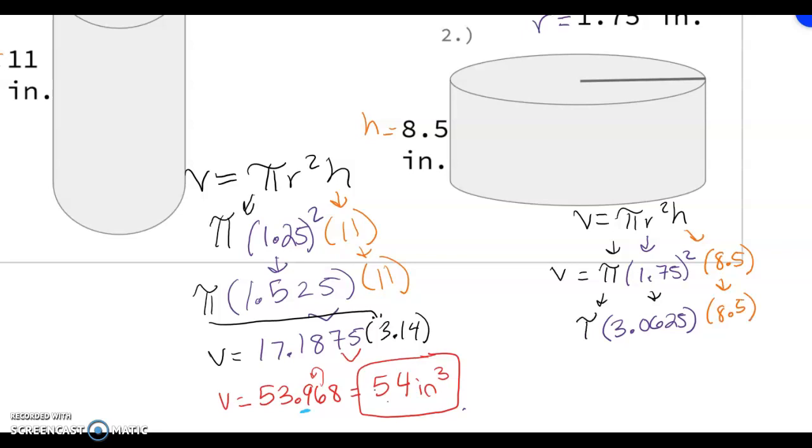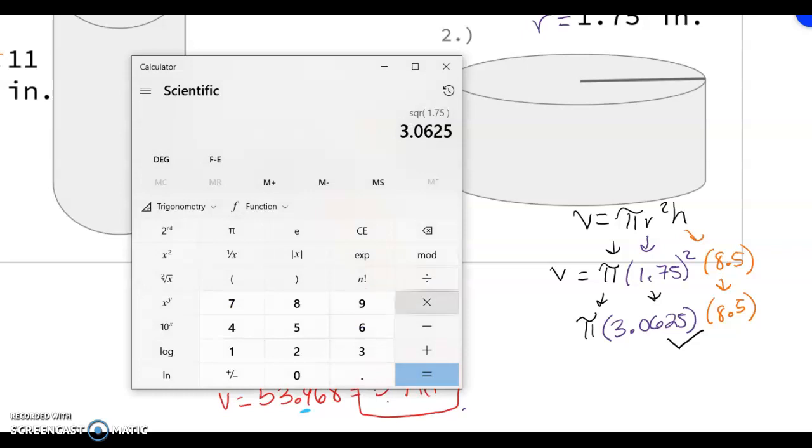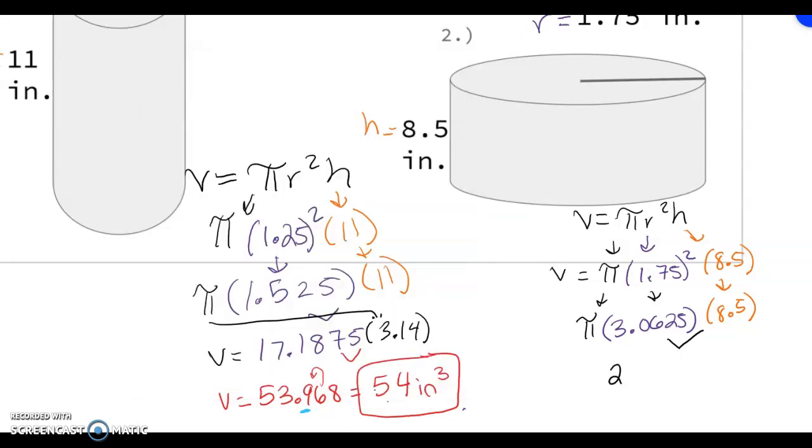Bring everything else down. Multiply both of those numbers. And what we're going to get is 26.03125. Remember, don't round until the very end.